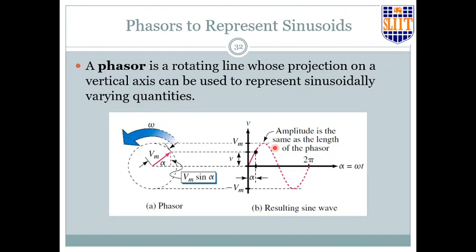Now, if you think of this rod rotating around, or this is called a phasor rotating around the axis, the projection on the vertical direction is Vm sin omega t. So that does mean that a rotating phasor, if you look from this side, can be used to represent a sinusoidal waveform.